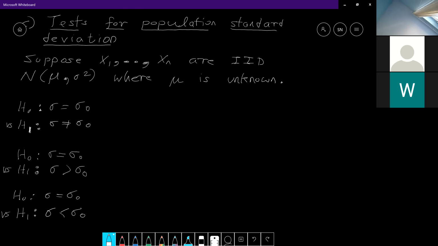So you have three sets of hypotheses, and the corresponding rejection rules are as follows.